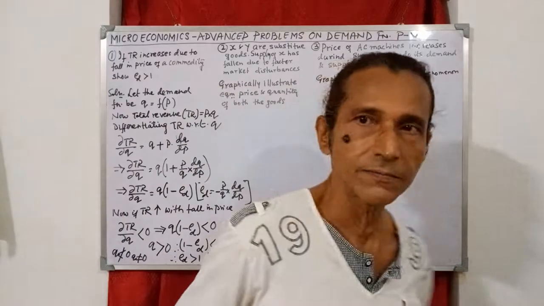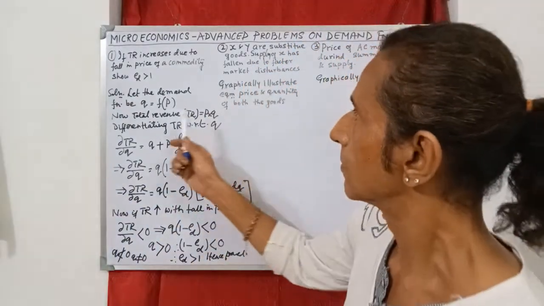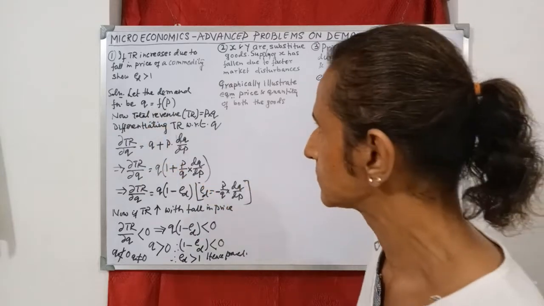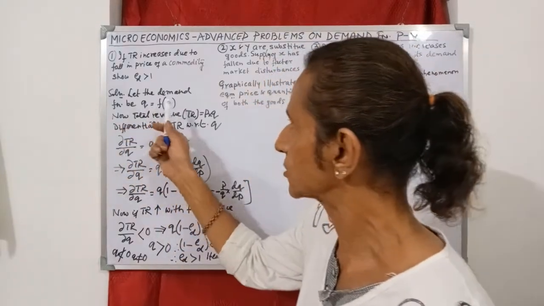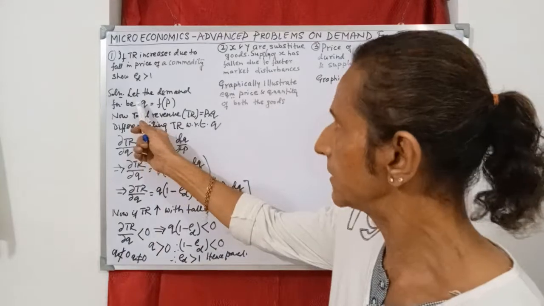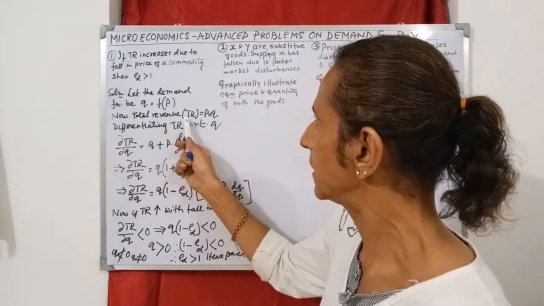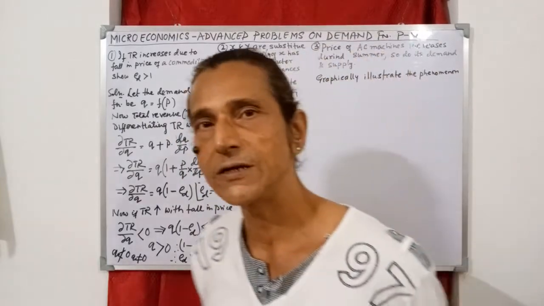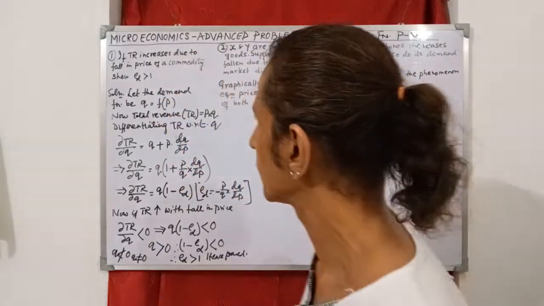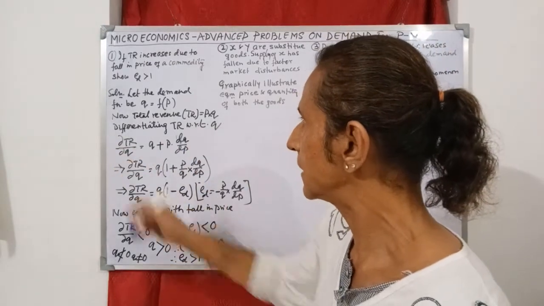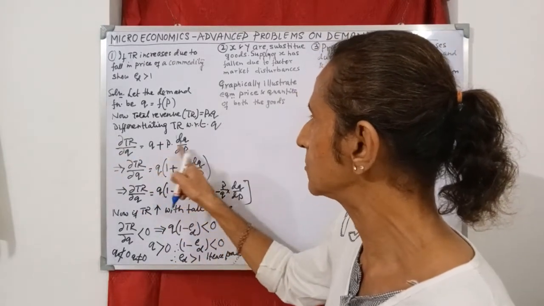So what we have done? We have assumed the demand function as Q equals to F(P). That is, quantity demanded is a function of price. Now total revenue TR equals to P into Q, price of the commodity into quantity demanded and supplied. Now differentiating TR with respect to Q, we get del TR del Q equals to Q plus P into dQ dP.